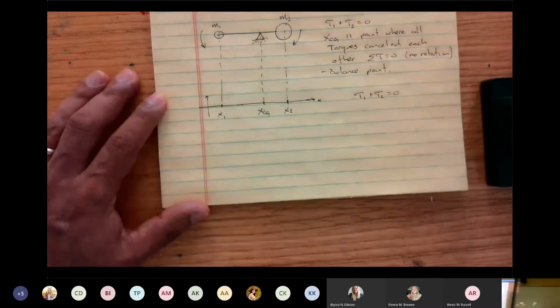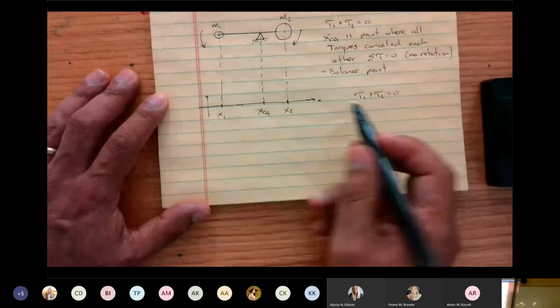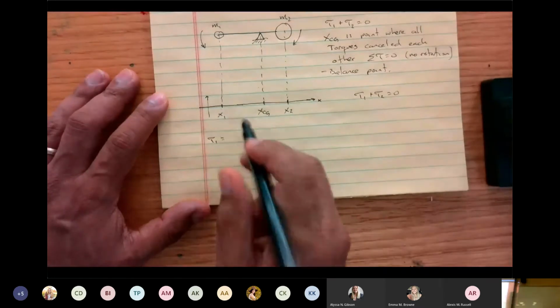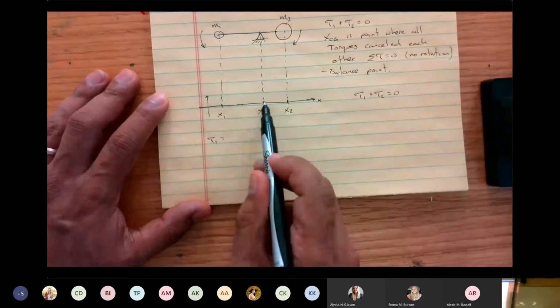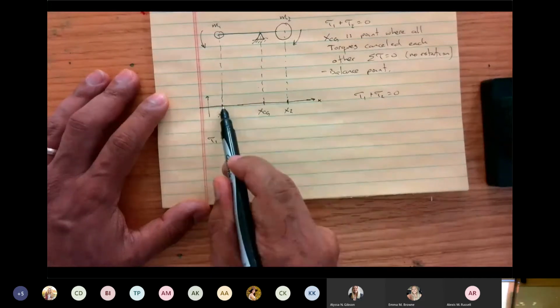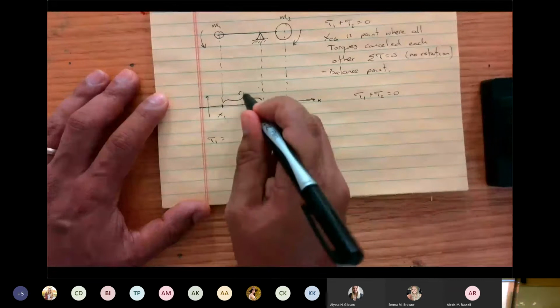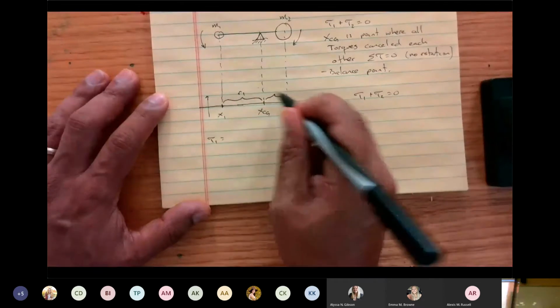Okay, so tau 1, remember, is the distance between the pivot point and the force of the pull for M1. So R1 is going to be this distance over here, and R2 is going to be this distance over here.